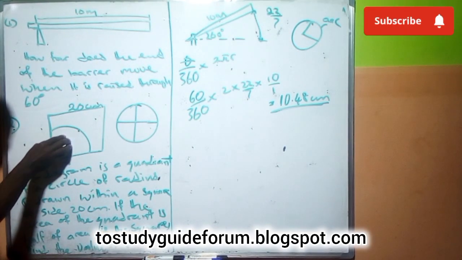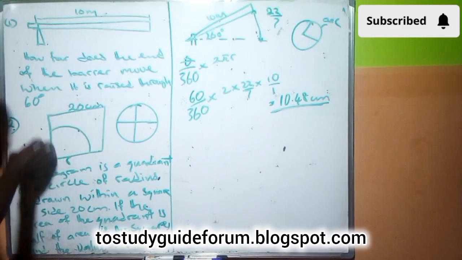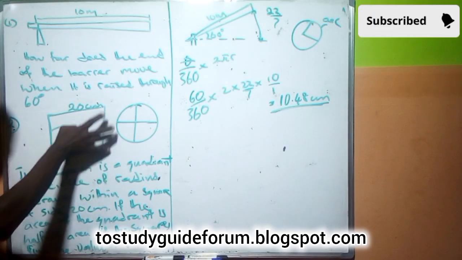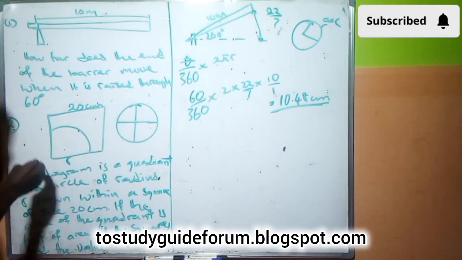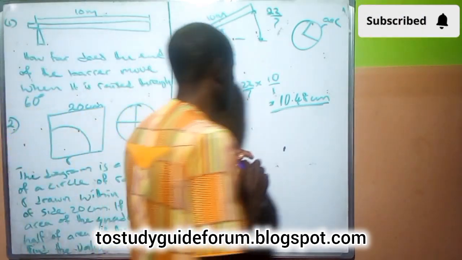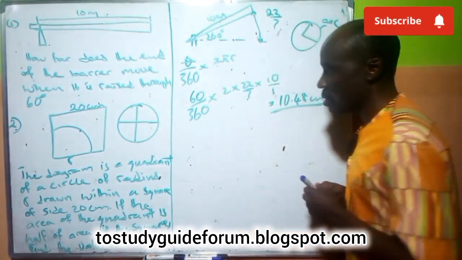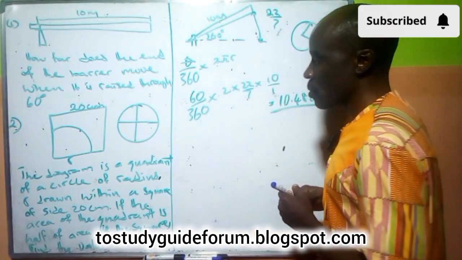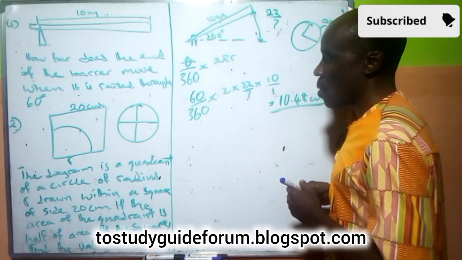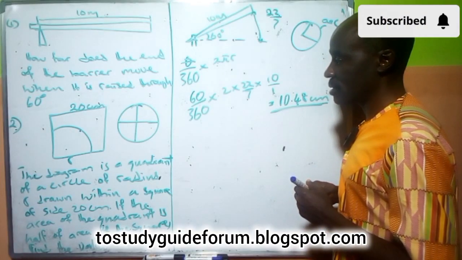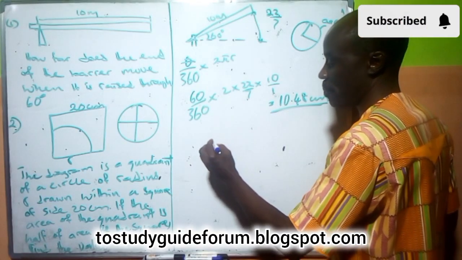This is giving us the area of a sector. Then the square will give us the area of the square. So we're not going to subtract this time. What we are doing is comparing.